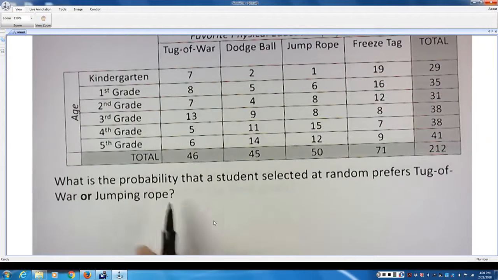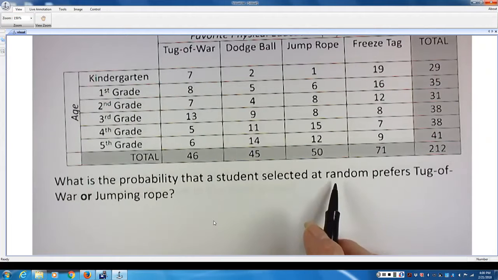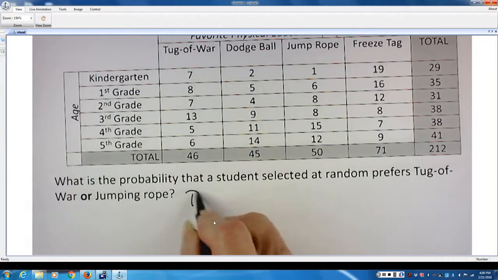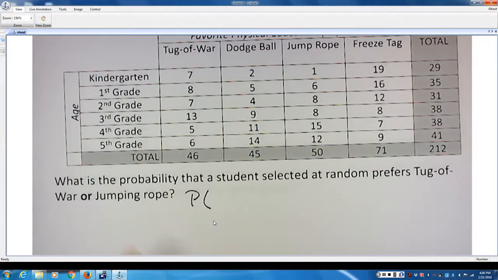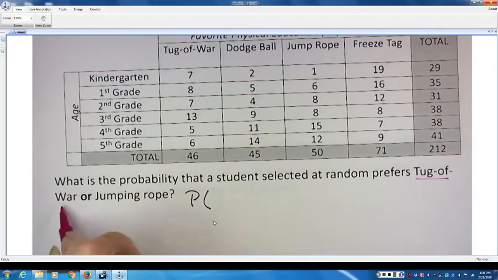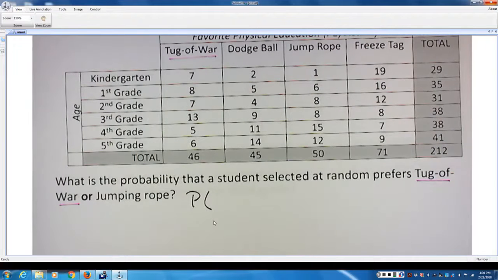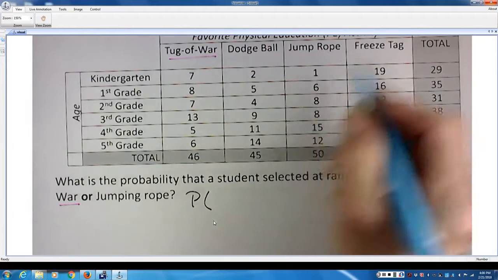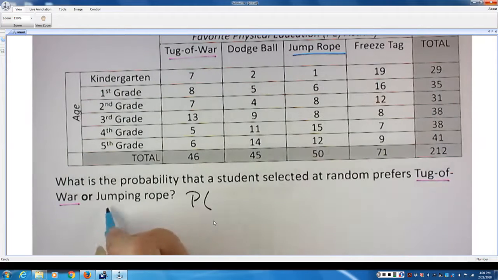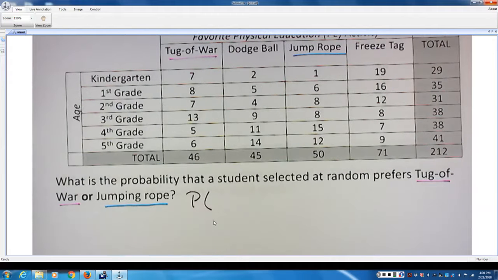What's the probability that a student selected at random prefers tug of war or jumping rope? Are tug of war and jumping rope mutually exclusive?